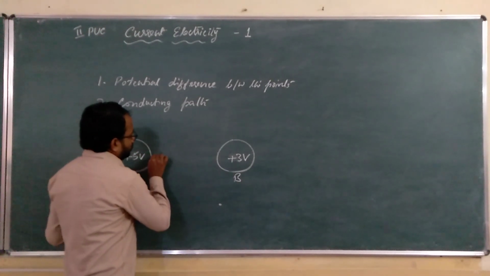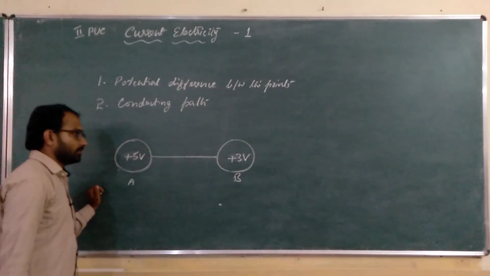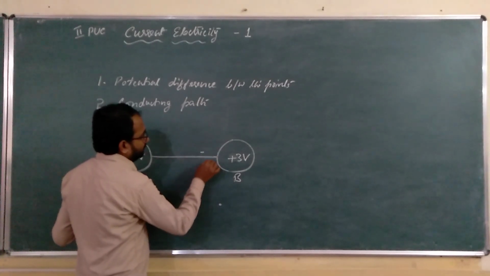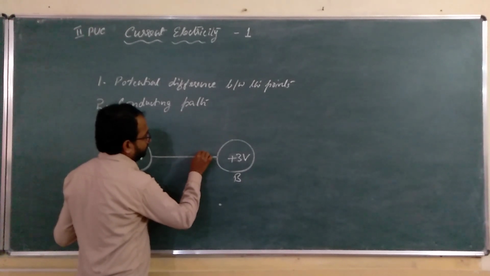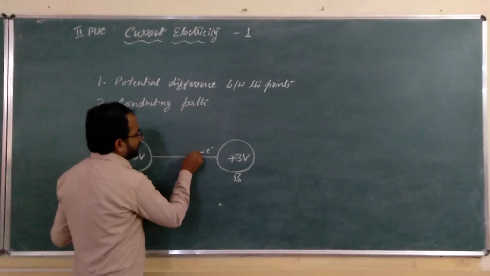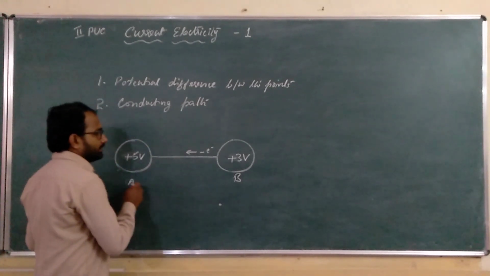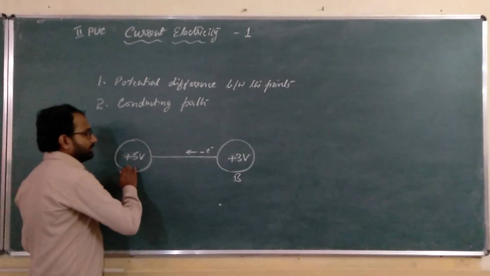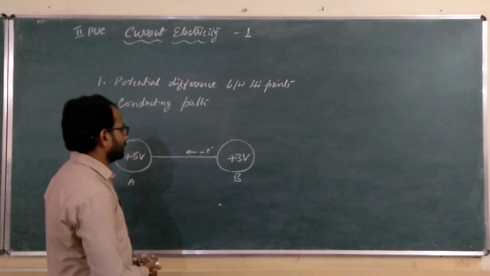If these two objects are connected by a conductor, what happens? The electrons start to flow from object B to object A, until the two bodies attain the same potential.